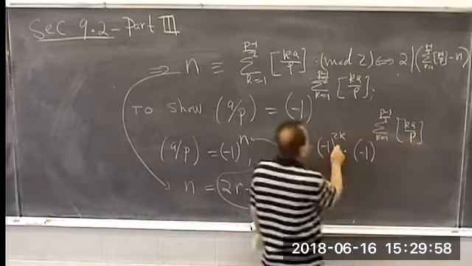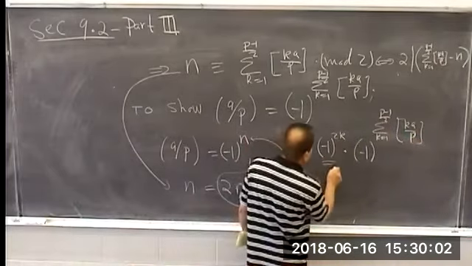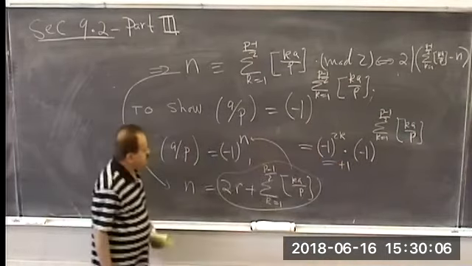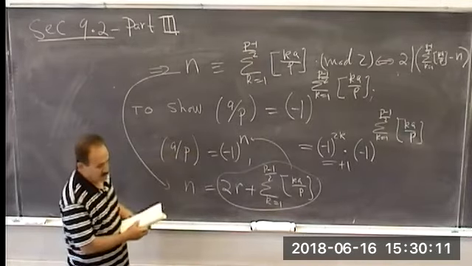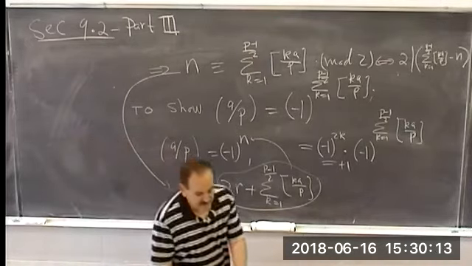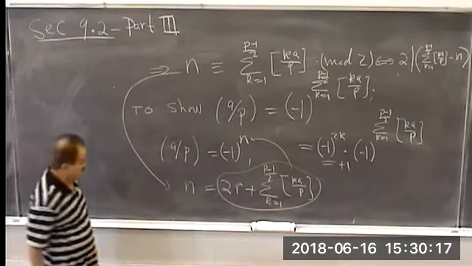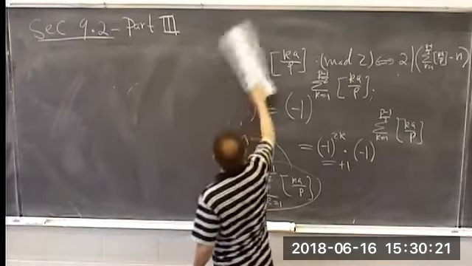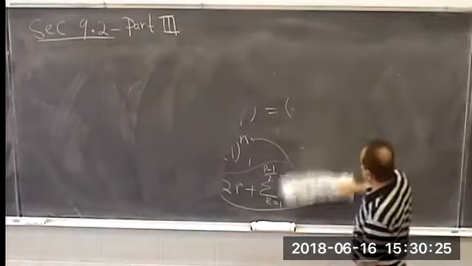But the first factor is equal to positive 1, and then we have the Legendre symbol given in that form. Of course, we finished the proof here.